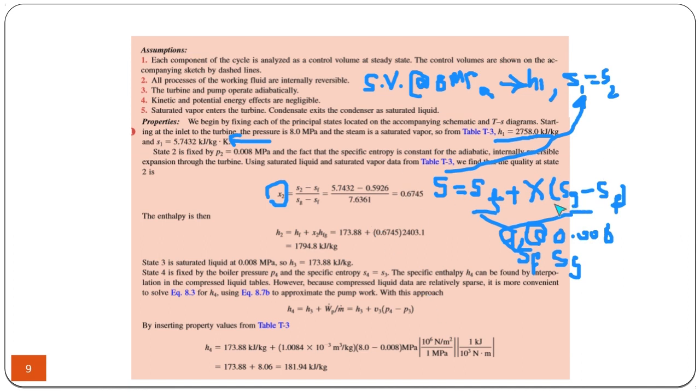water droplets. So once we have this quality, we can also calculate the enthalpy at the exit of the turbine. We will use a similar kind of equation. The h_f value and h_g value are taken from the table, again at the same pressure of 0.008 megapascals.